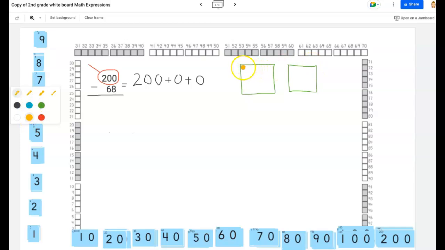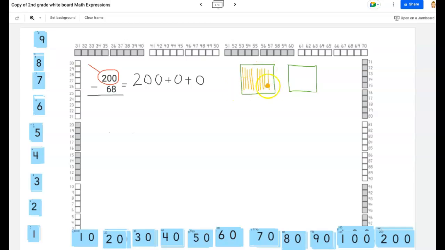We had 20 groups of 10s, but because we had more than a group of 10 tens, that is able to make a whole group of 100. Watch. So here I go. 1, 2, 3, 4, 5, 6, 7, 8, 9, 10.